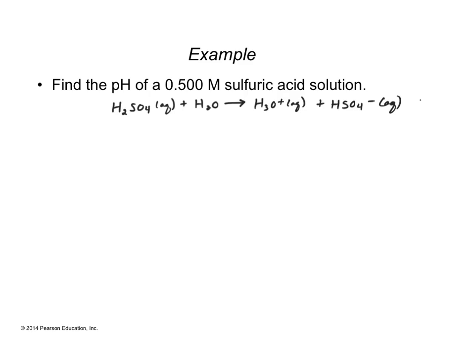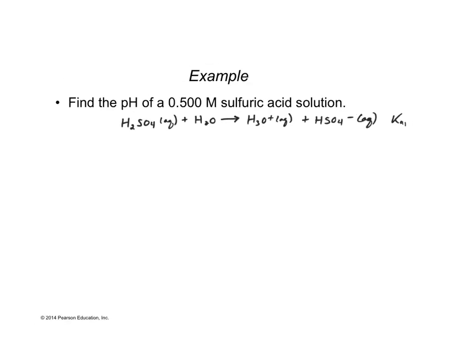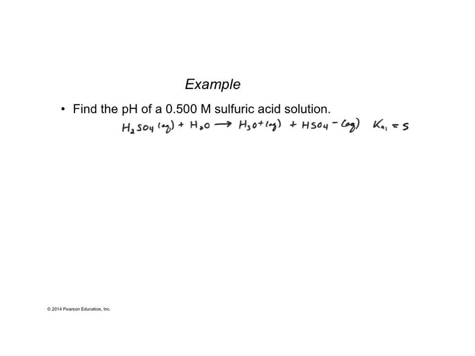Ka1 here is strong. So I've got a 0.500 molar solution. What can I assume about my two products when this reaches equilibrium, because my Ka1 is strong, much greater than 1, much greater than 100? For strong acids, what can we assume about how much product we form?